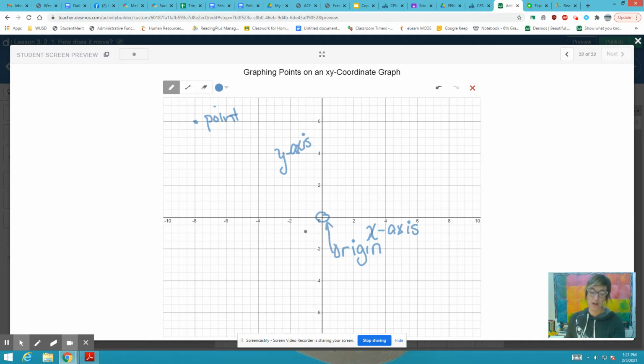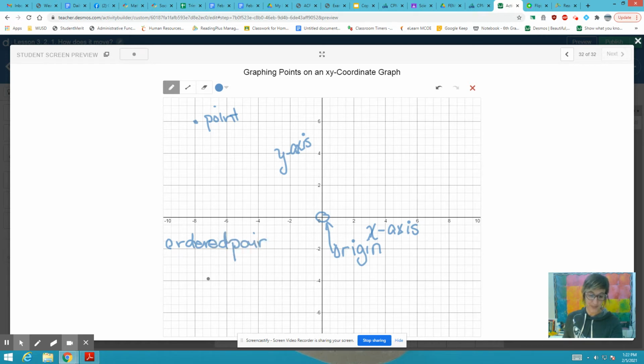That's the origin. Points on a graph are identified by two numbers in an ordered pair. So it's very important that you understand the way the ordered pair works. So we have an ordered pair. Ordered, ooh, my messy handwriting.